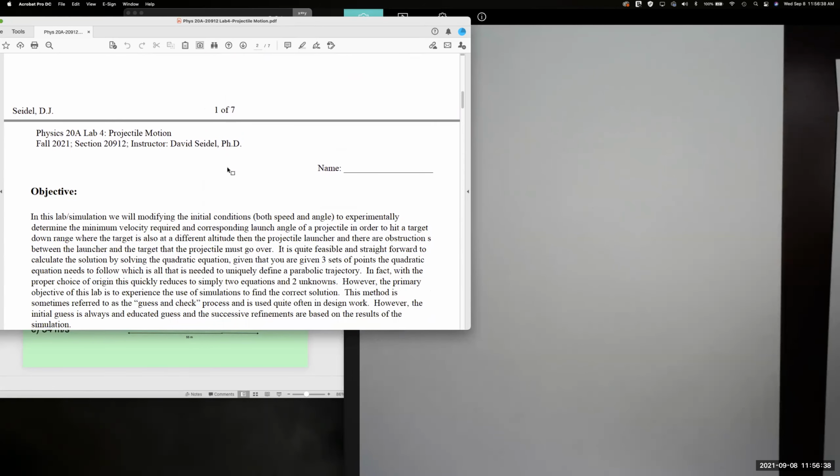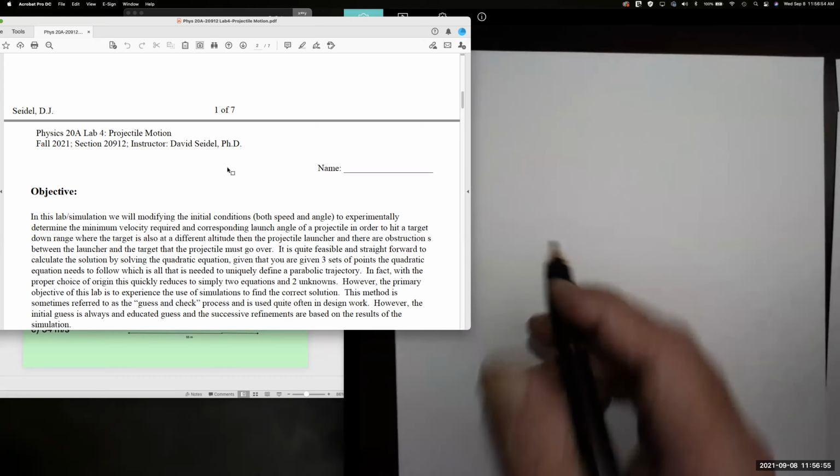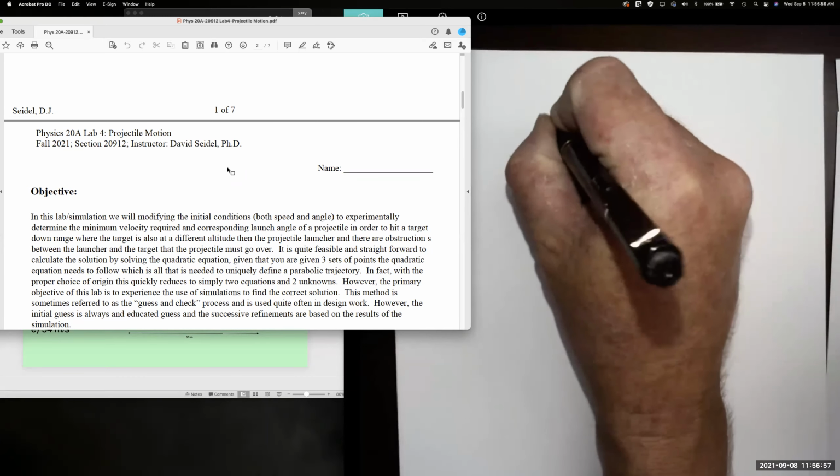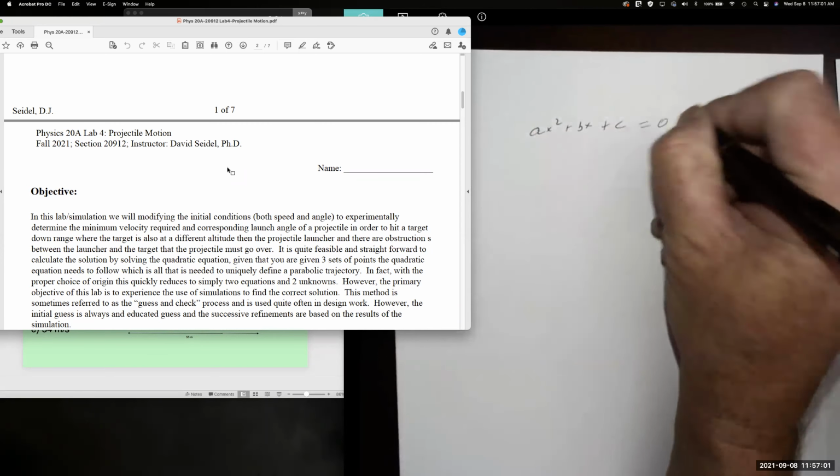But what we want to do is take a reasonable guess at an initial condition. Sometimes one uses simulations in the lab to find solutions to complex problems. For example, suppose I have ax squared plus bx plus c equals 0.